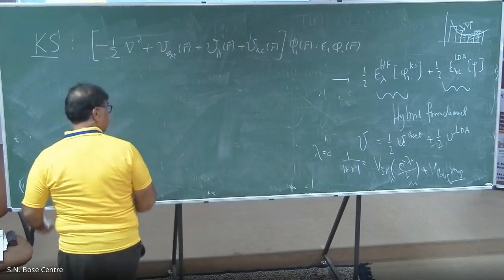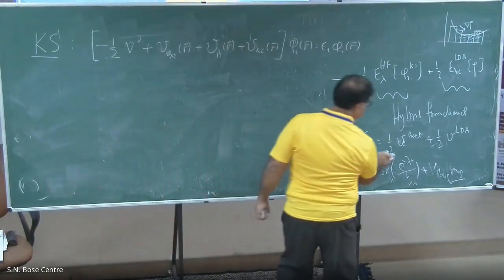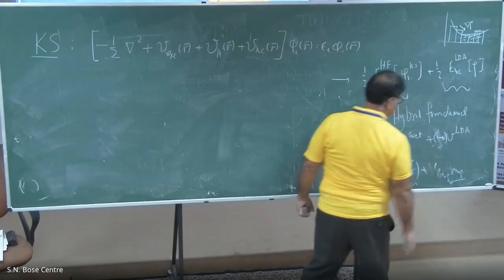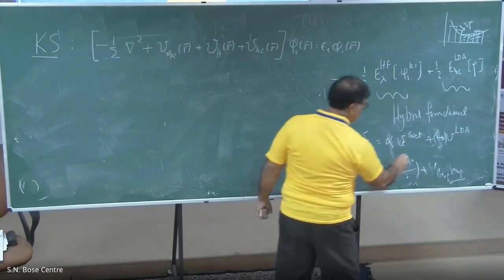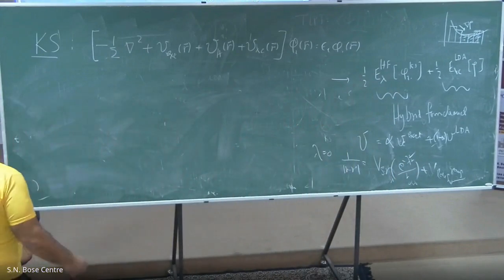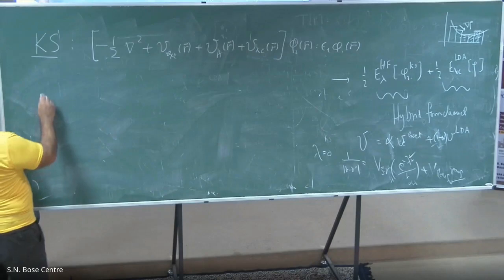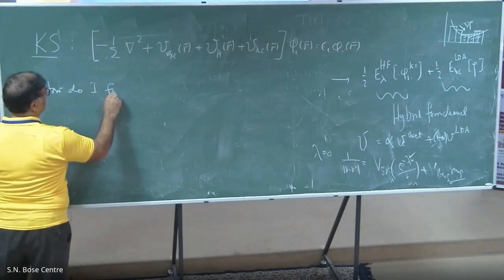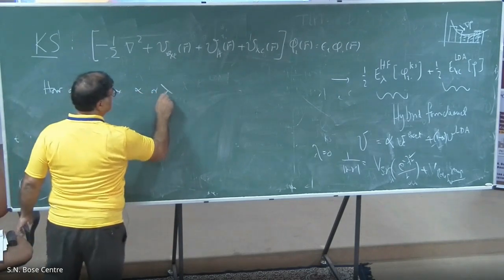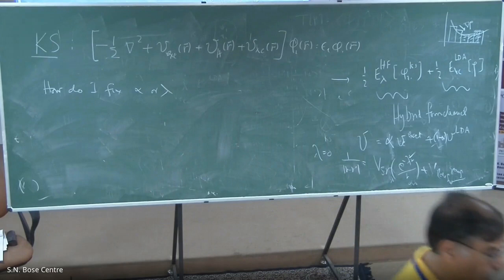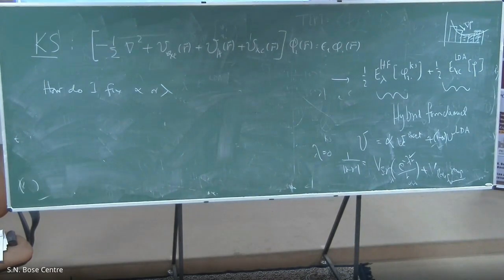So I can even write this as a sum, alpha, 1 minus alpha. Here there is this lambda. How do I fix this? I'm just showing you these ideas. One question. Yes. So the lambda in the exponential has nothing to do with the lambda in the interpolation parameter, right?